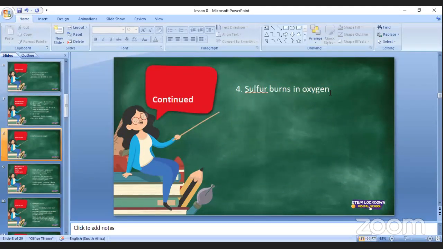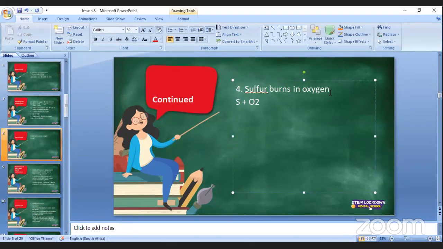Sulfur also is burning in oxygen. Is sulfur a metal? Let us check on our periodic tables, grade 9. Sulfur is not a metal, it is a non-metal. So the same reaction: sulfur reacts with oxygen to give us a non-metal oxide, which is a sulfur oxide.